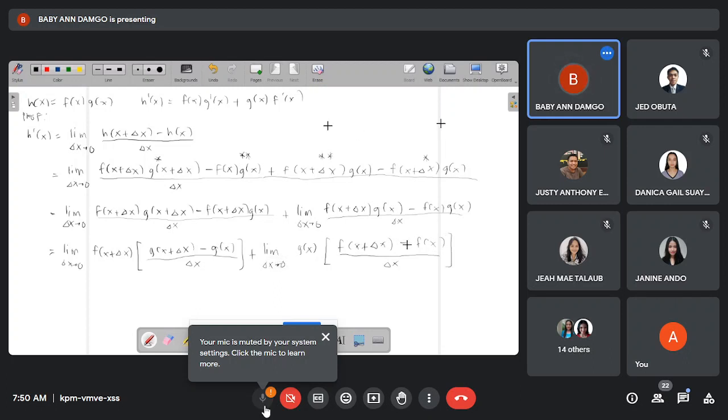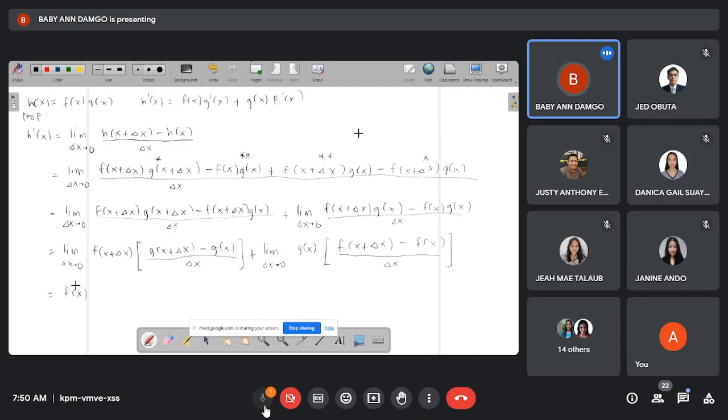Okay. So now we will evaluate the limit. The limit of f of x plus the change of x is equal to f of x, because we just substitute 0, since the change of x approaches 0. Okay, so first is f of x.